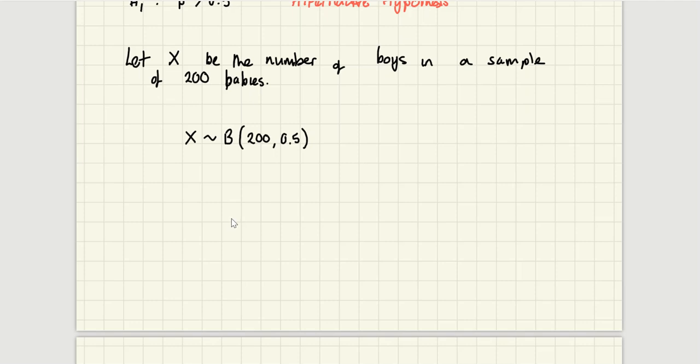So basically, what we're looking at is a hypothesis test on a probability distribution. We've got a curve like this, right?